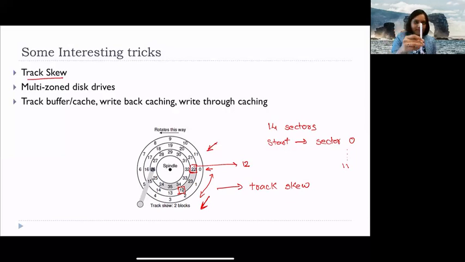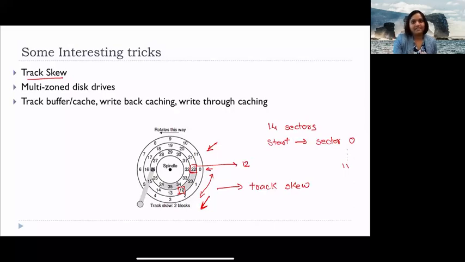Now, during this time, while the head relocates itself from the outermost track to the second track, because the object in motion continues to be in motion, even if we stop the electric power or external power source to this disk that was already rotating while it was writing from sector 0 to sector 11, it keeps rotating.